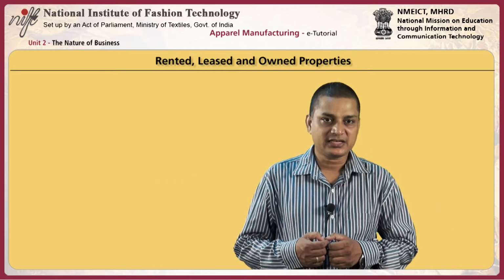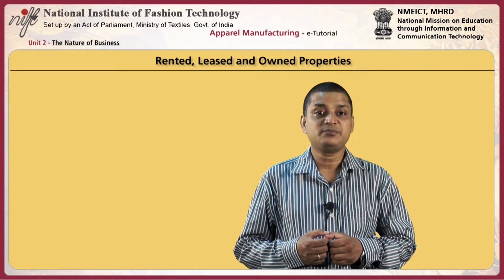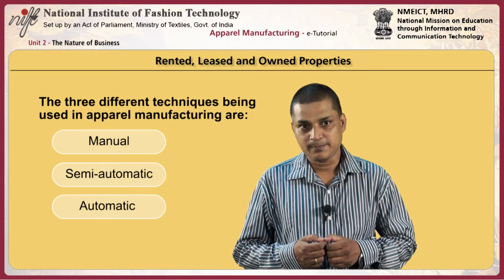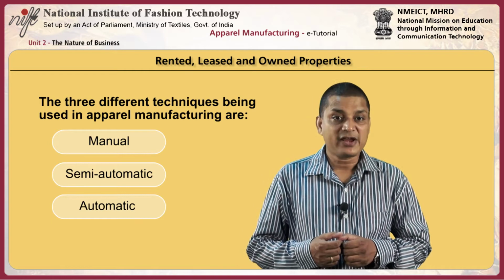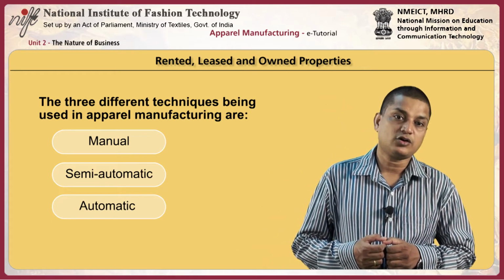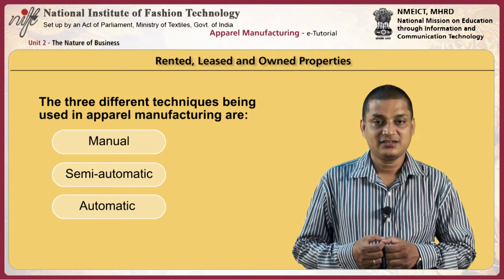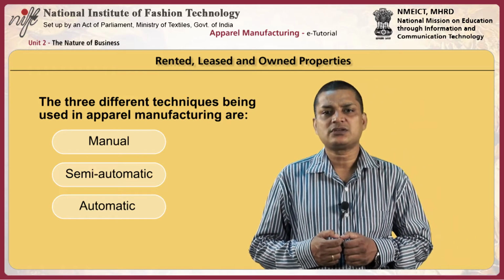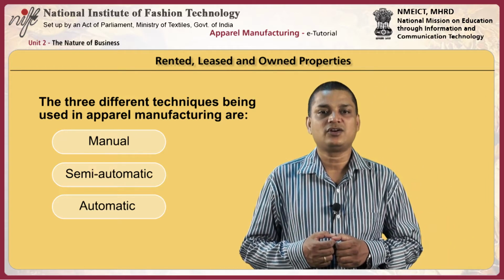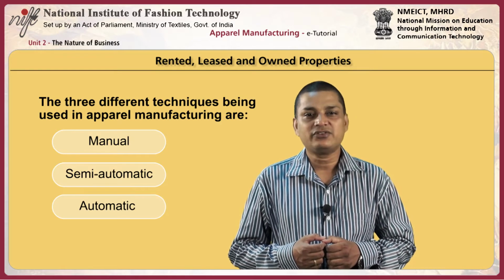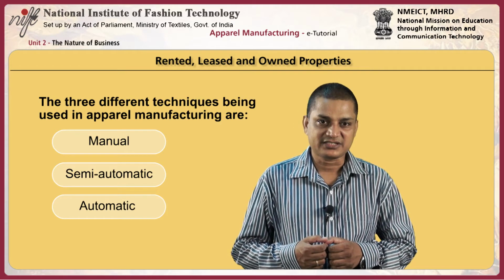As explained earlier, there are three different techniques being used in apparel manufacturing, that is manual, semi-automatic and automatic techniques. The technique that is being used plays an important role in deciding the contract under which the owner of the property operates.